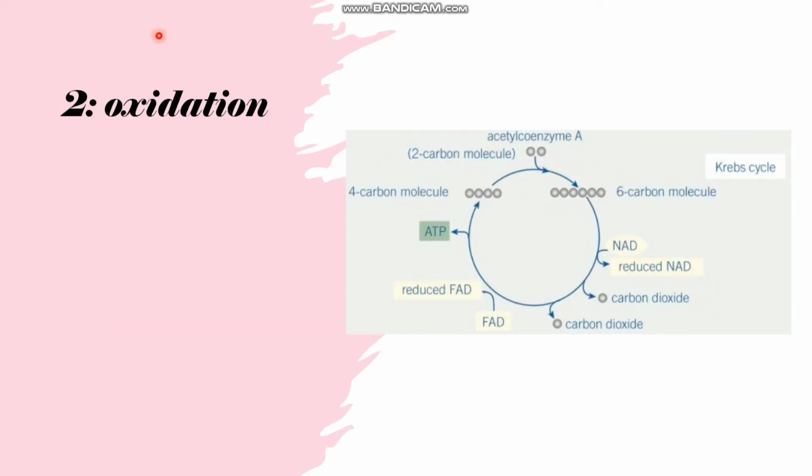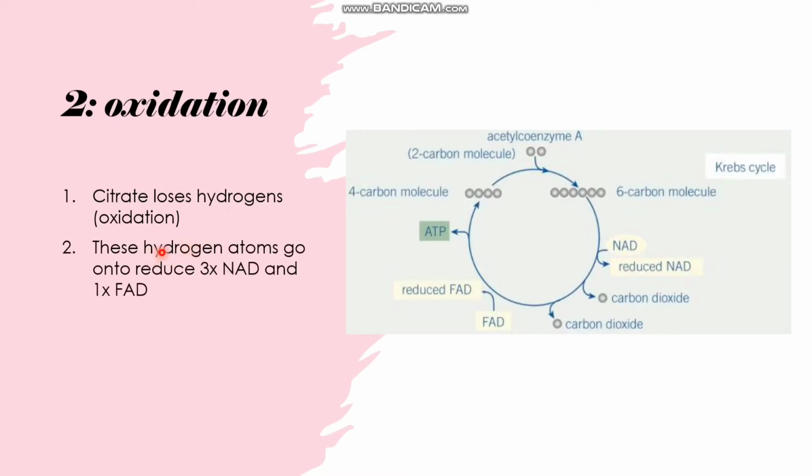The second stage is oxidation. Our citrate, our 6-carbon molecule, loses hydrogens, and losing hydrogen is oxidation. So our citrate is oxidized by losing hydrogens, and these hydrogen atoms that our citrate has lost go on to reduce 3 NADs and 1 FAD.